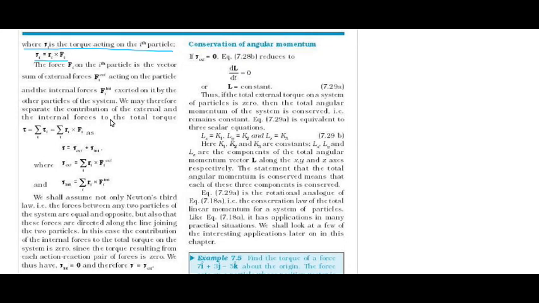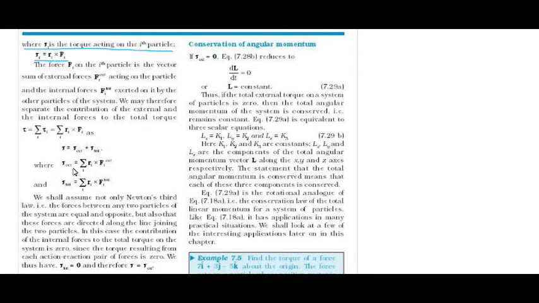We may therefore separate the contribution of external and internal forces to the total torque. So tau is equal to sigma tau i, which is equal to sigma Ri cross Fi, so tau is equal to tau external plus tau internal, where tau external is equal to sigma Ri cross Fi external, and tau internal is equal to sigma Ri cross Fi internal.